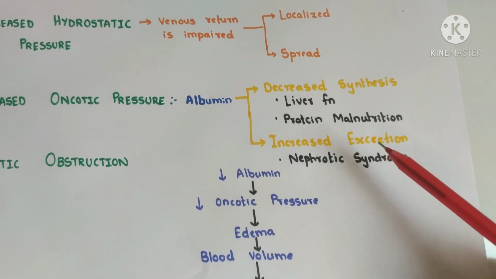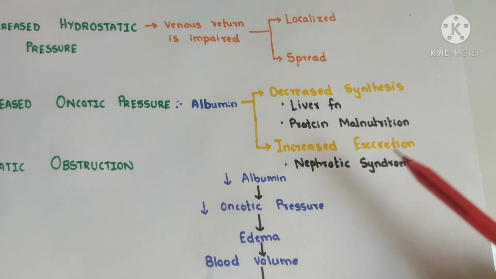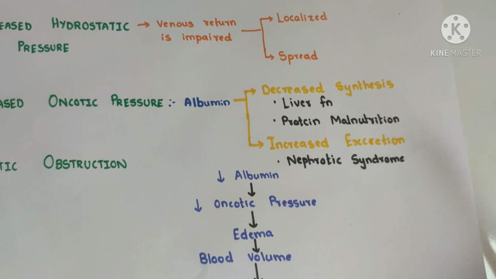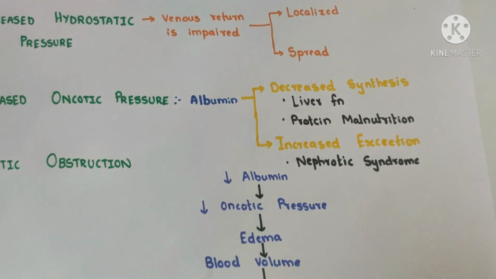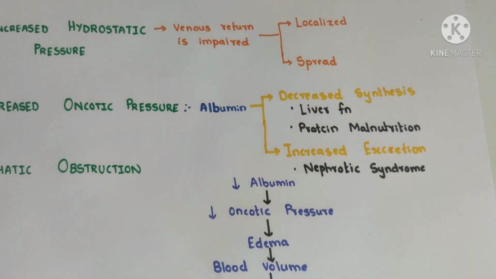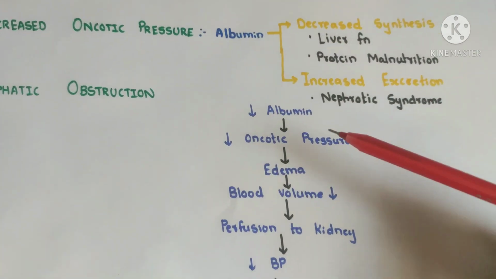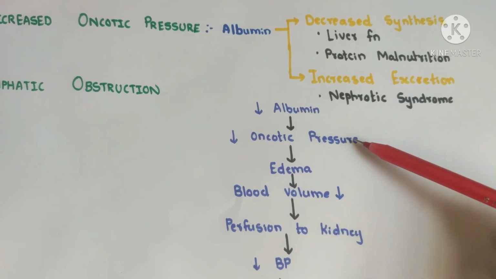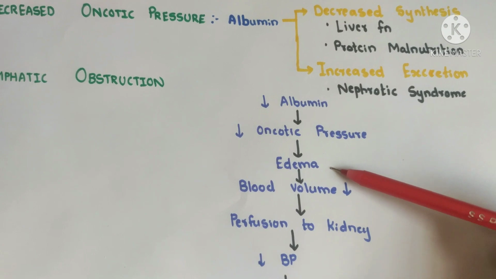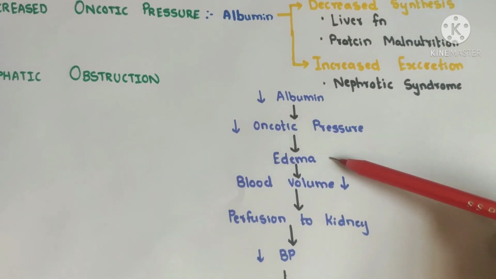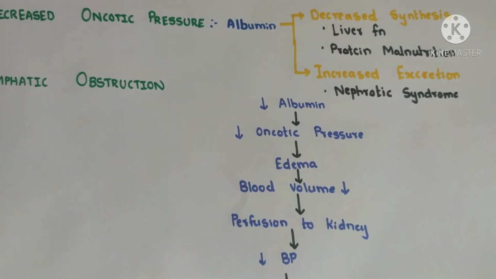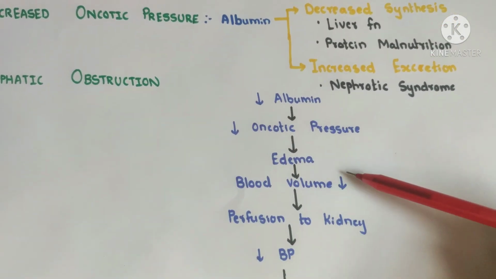The most common reason for increased excretion of albumin is nephrotic syndrome. In this syndrome, the glomerular capillaries allow our albumin to be excreted in the urine, and hence we will have a shortage of albumin. Due to this shortage of albumin, oncotic pressure will be reduced, hence it will promote edema. Now, due to this edema, the blood volume which should be within the vessels is now out of the vessels, hence our blood volume is decreased.